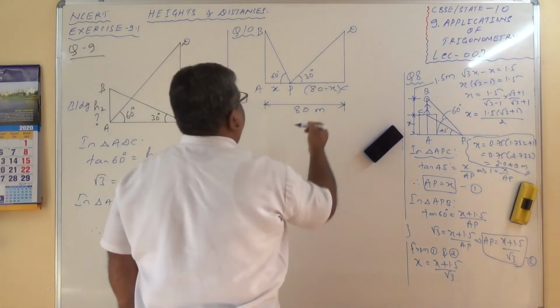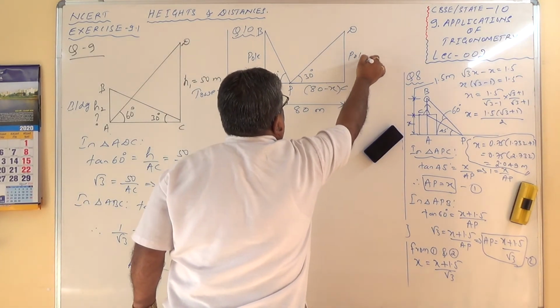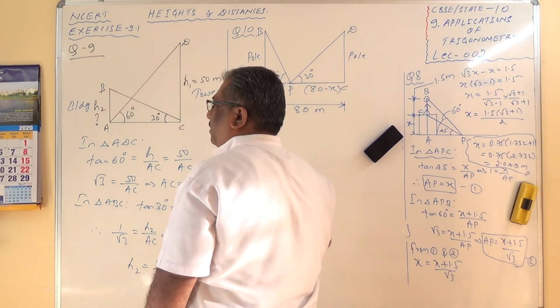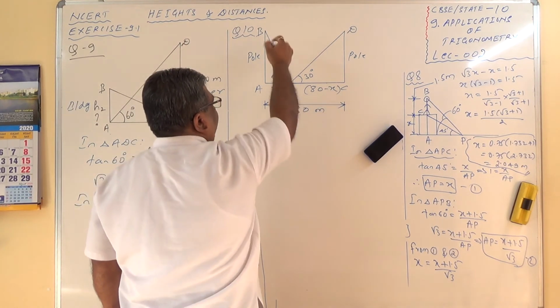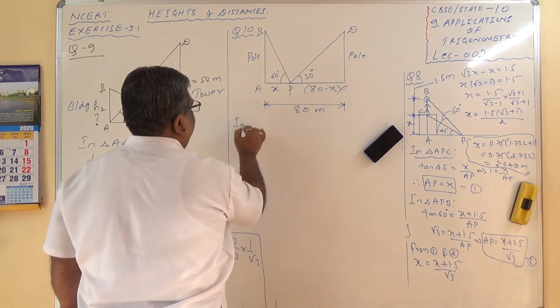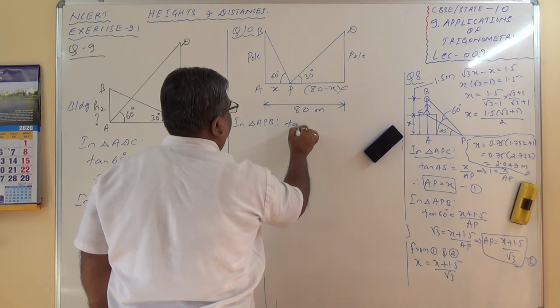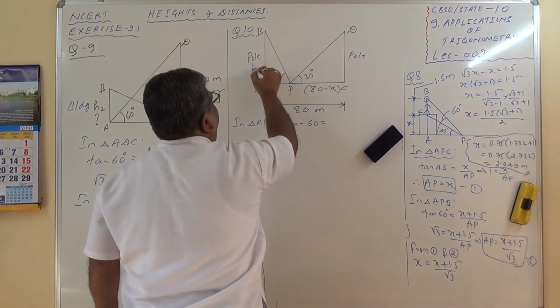Now this is the description here, pole here, and this is also pole. What is the question? Find the height of the poles and the distances of the point from the poles. We have to find the distances of this point from the poles and the height of the pole. Okay, fine. In APB, tan 60 equals h by x, where h is the height of the pole.